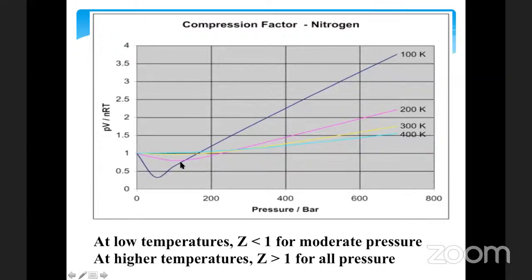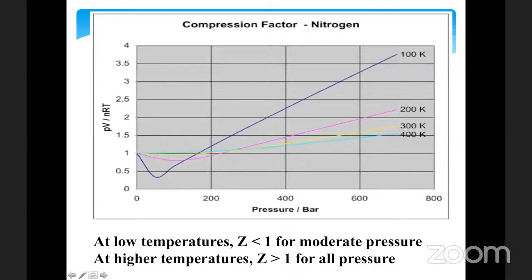But when you increase the temperature, let's say look at this 300, 400, it is almost becoming ideal. So what it's saying is that at high temperature, and low pressure and high pressure, you have the gas almost behaving like an ideal gas. But at low pressure and low temperature, you have the gas deviating radically from the ideal behavior.